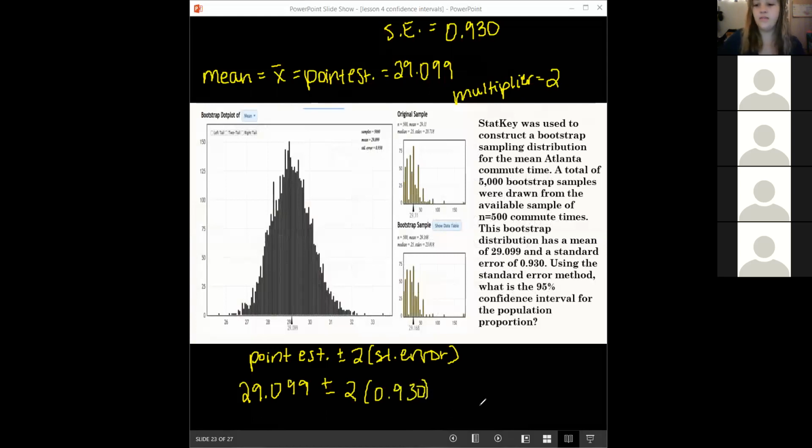And if you do that equation, you're going to end up getting a confidence interval of 27.239, comma, 30.959. Cool. So that's our final answer down here.